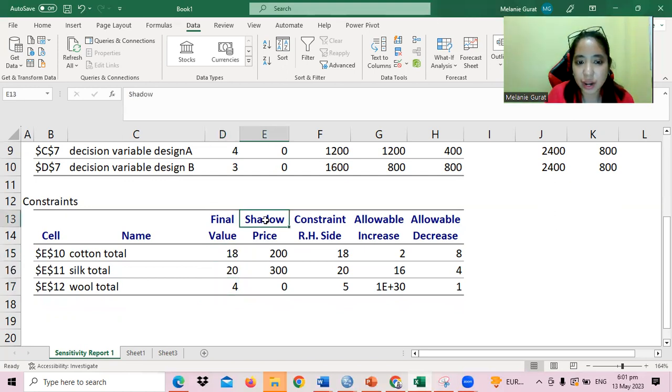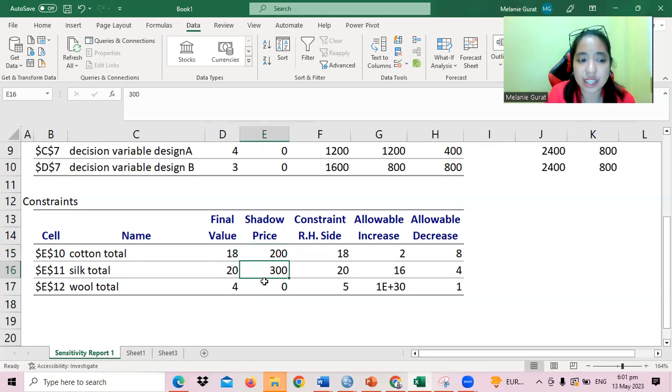The second column is the shadow price. This indicates that every time we increase or decrease the number of square meters of cotton that we use, there is an increase of 200 pesos or a decrease of 200 pesos.